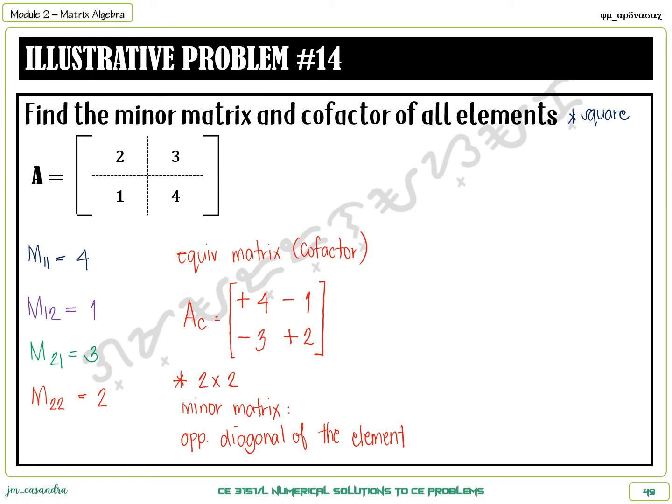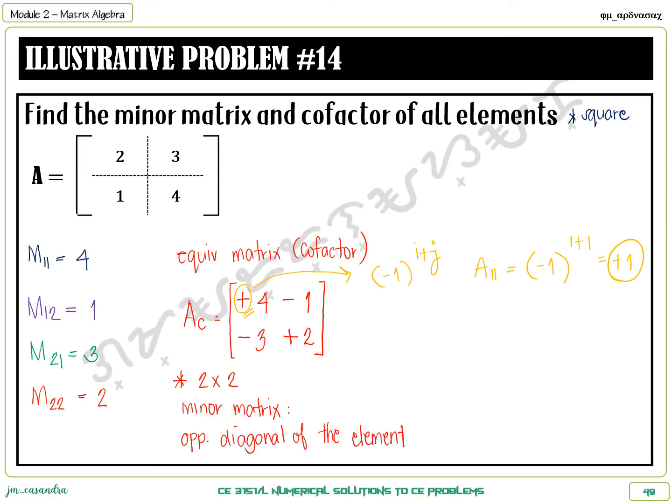And then again, our sign convention came from negative 1 raised to I plus J. So pag i-check natin, again, for A11, that is equal to negative 1 raised to 1 plus 1, which is a positive 1.